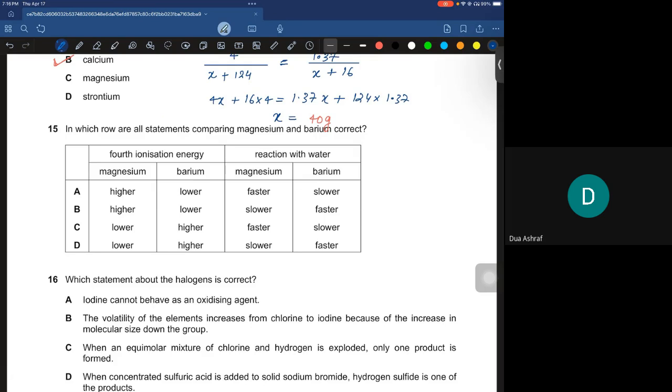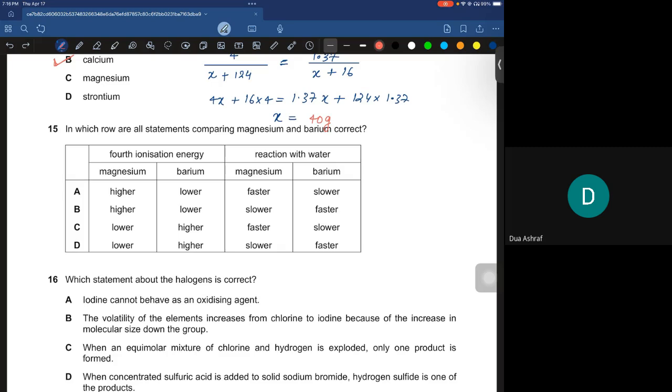Magnesium and barium, down the group ionization energy decreases. This is understood. So of course the ionization energy of magnesium would be higher and the ionization energy for barium would be lower. So magnesium is higher. A or B may be correct, of course.